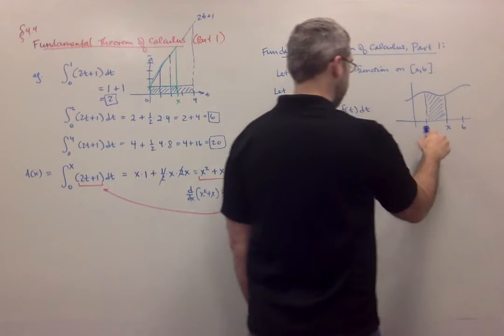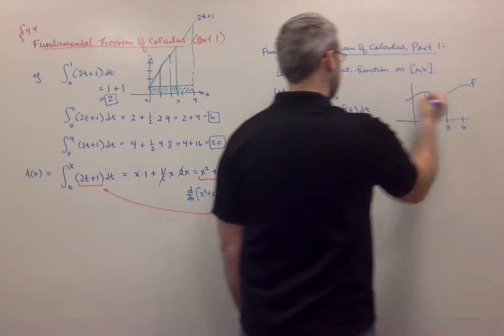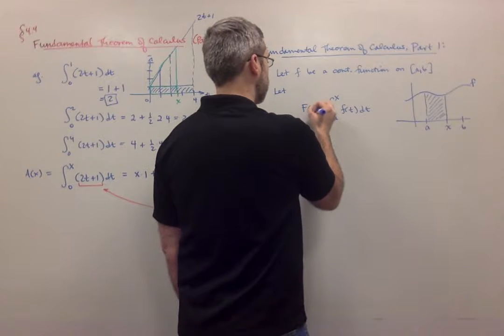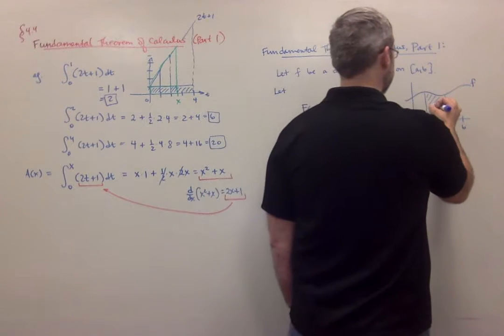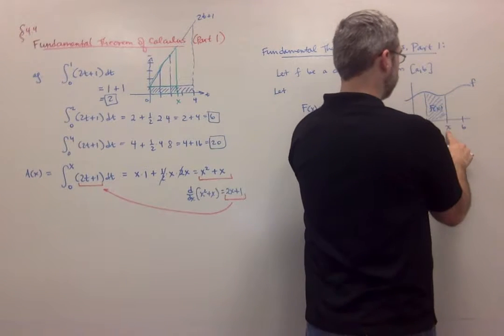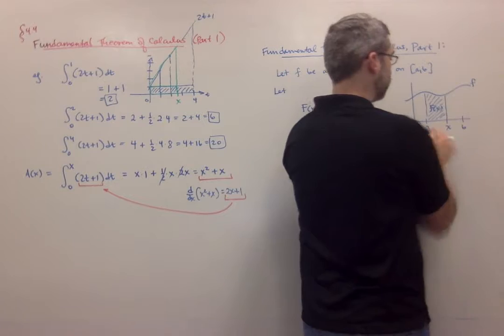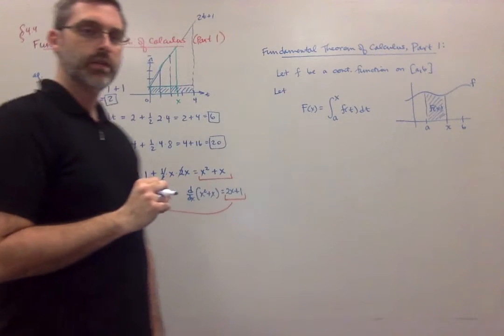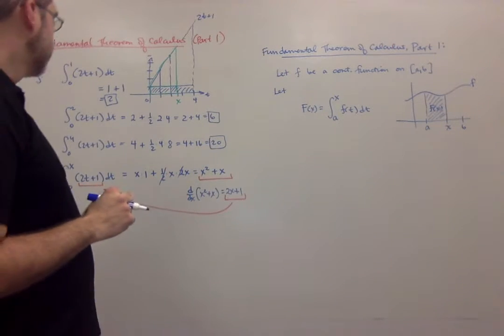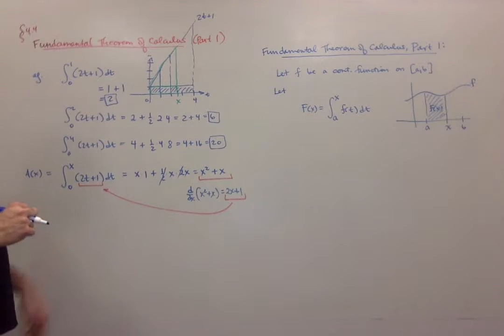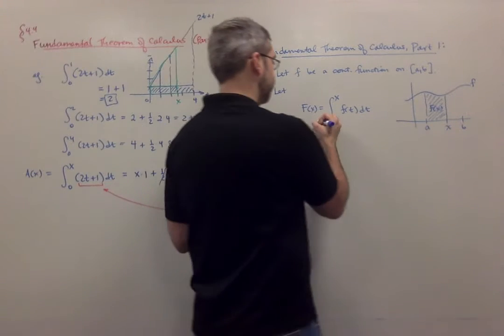So the area from a to x under this function, this area right here, I'm going to call capital F. Notice that capital F gets bigger as x gets bigger, and capital F gets smaller as x gets smaller. This is an area function.